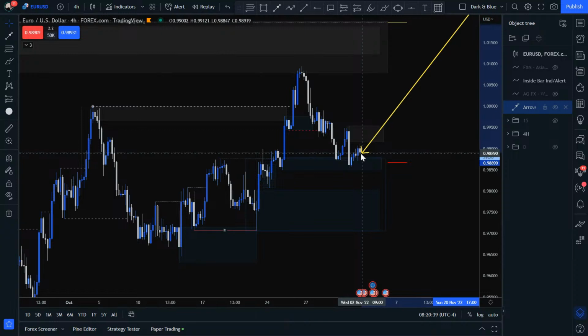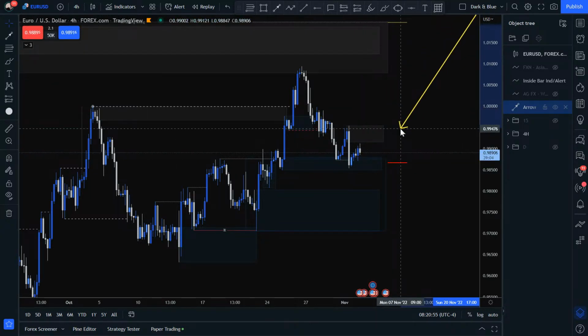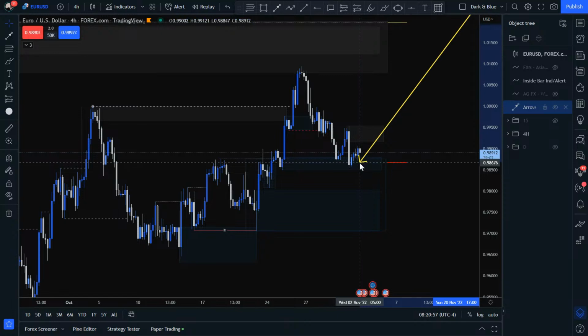So it's about knowing where you are in the structure. What is the prevailing trend? What is the prevailing order flow? You can get these things mixed up if you're looking for both buys and sells. You're looking for clean buys and sells.